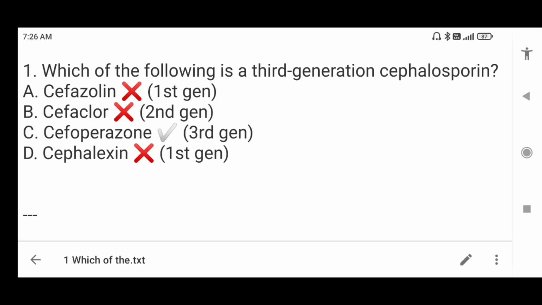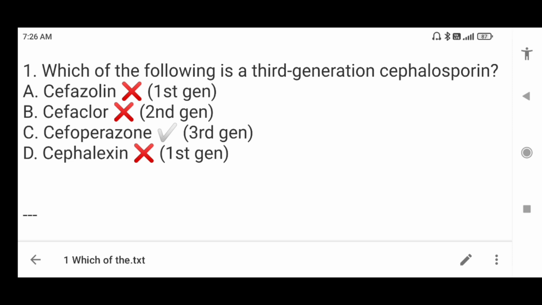Which of the following is a third generation cephalosporin? Cefoperazone is third generation. Cefazolin is first generation. Cefaclor is second generation. Cephalexin is first generation, but cefoperazone is third generation.